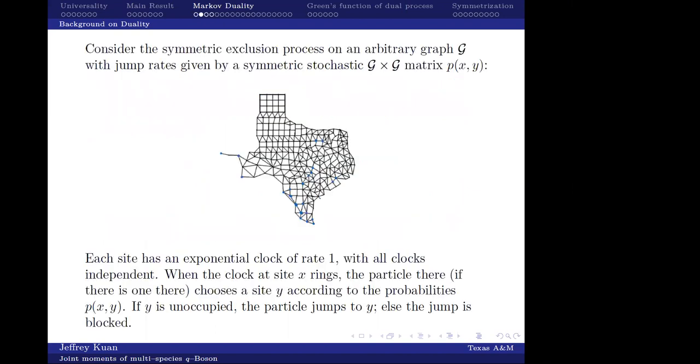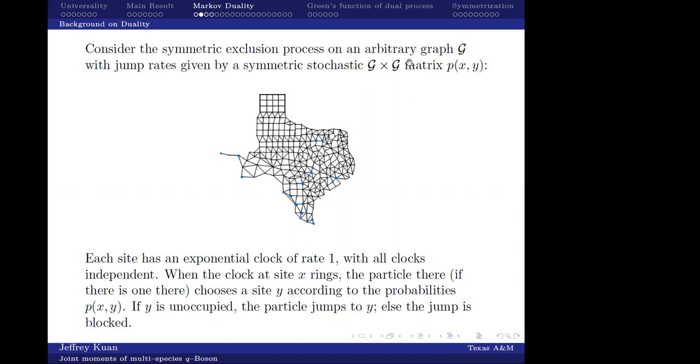For some historical context, you can consider exclusion processes on an arbitrary graph G. This G here has 254 vertices. It might be a little hard to see, but I have some particles represented by blue dots. There's some blue along the bottom here, and there are three or four clusters of blue arranged in this triangle.